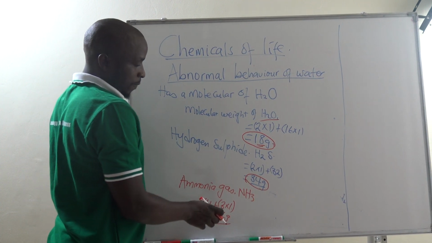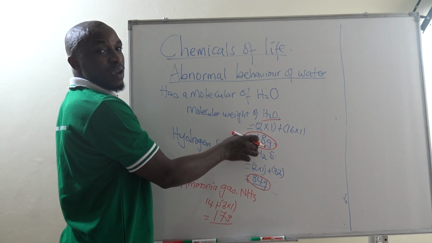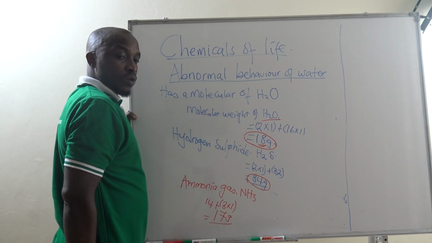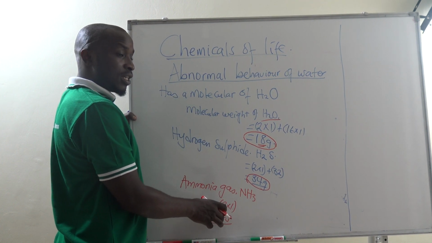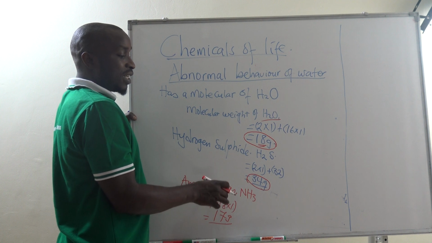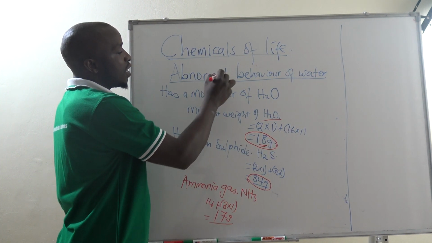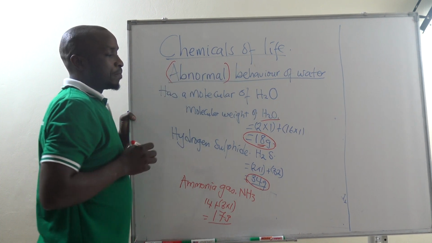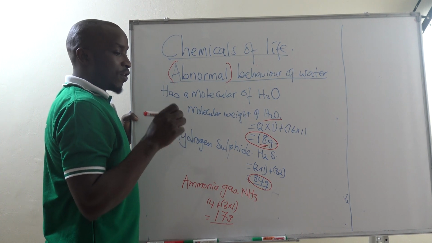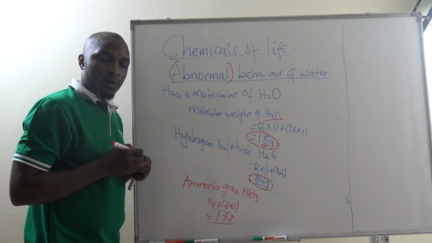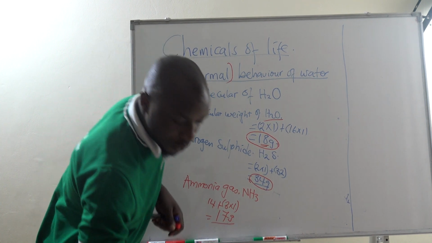We would expect that ammonia and water would be having the same behavior altogether, almost equal, because the molecular weights are equal. So the question is, what gives water the power to behave abnormally from what we would expect from first principles of chemistry? What gives the water the special attribute? That's our main focus in this.